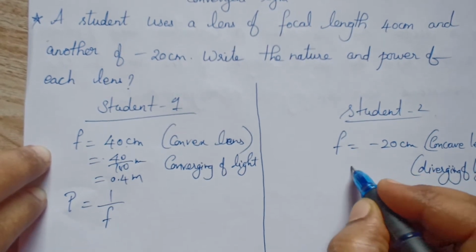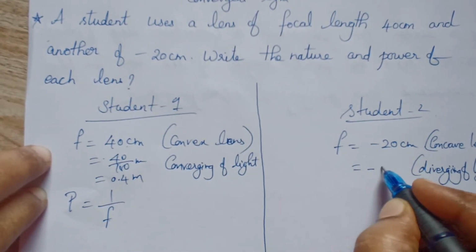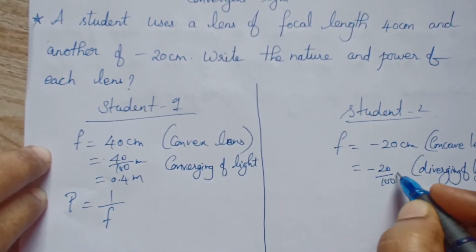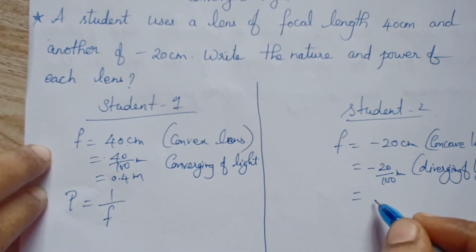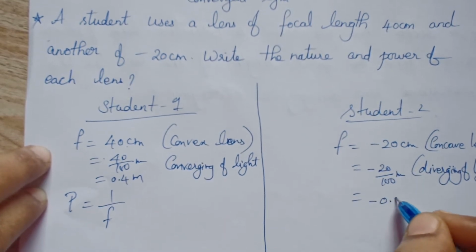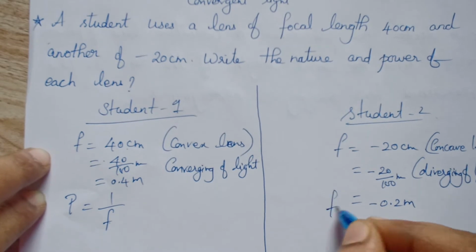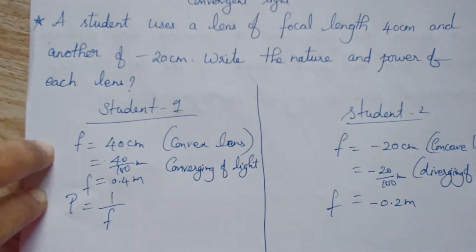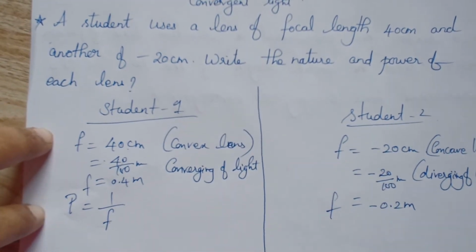Here also you convert minus 20 by 100 meters, that is equal to minus 0.2 meters. Okay, your focal length is 0.4 and f equals minus 0.2 meters.